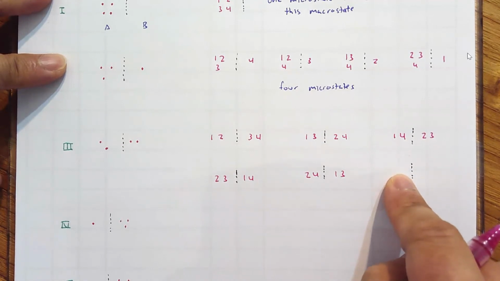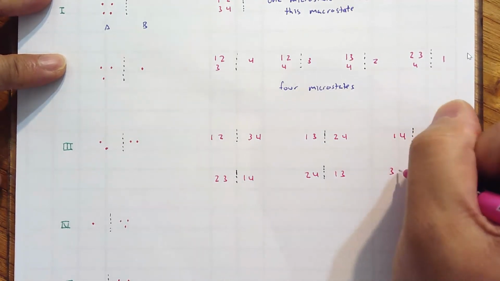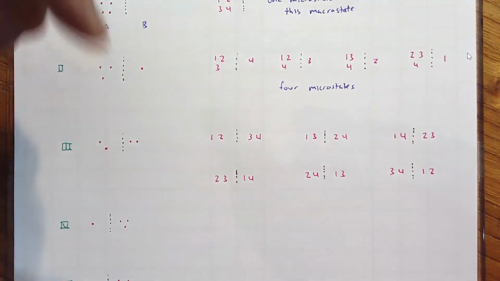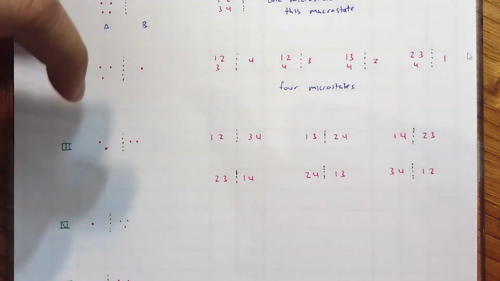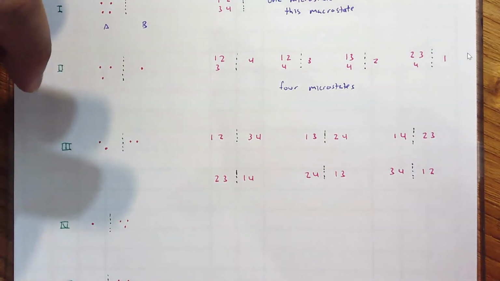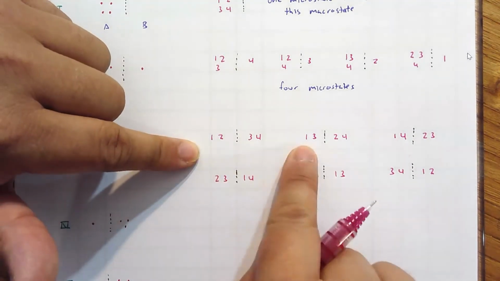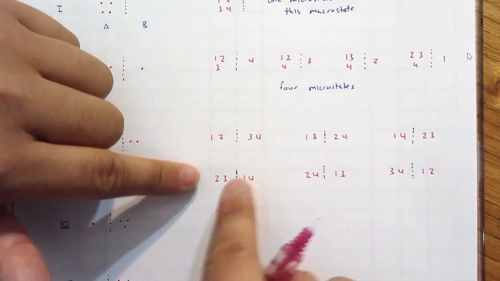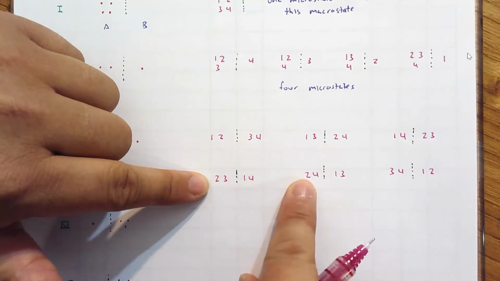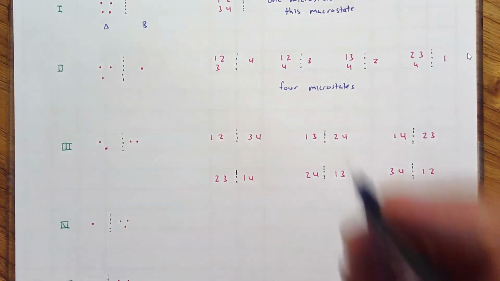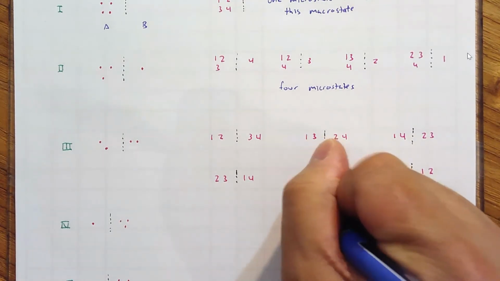And we're missing one. 3 and 4, and 1 and 2. I think those are the only combinations. So just pick two numbers randomly. 1 and 2, 1 and 3, 1 and 4, 2 and 3, 2 and 4, and then 3 and 4. That's it. 6 microstates.